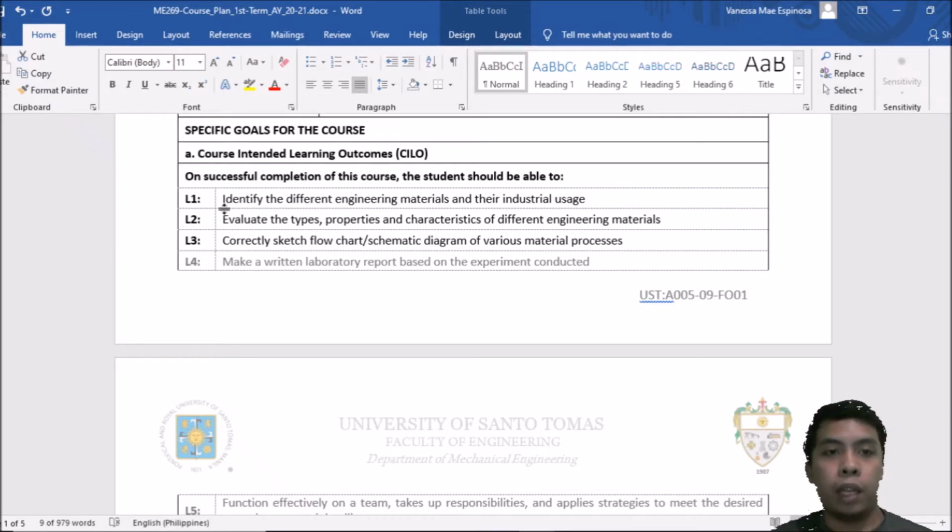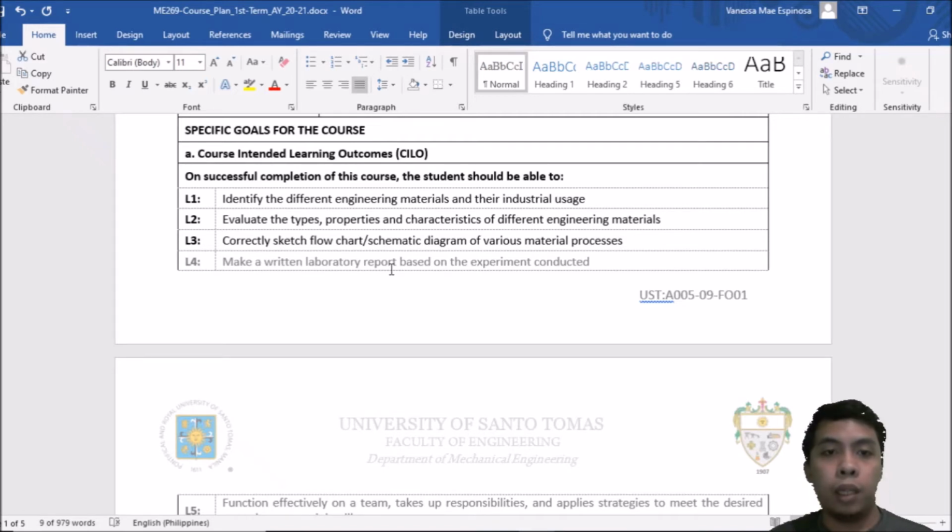First, identify the different engineering materials and industrial usage. Second, evaluate the types, properties, and characteristics of different engineering materials. Third, correctly sketch flowchart and schematic diagrams of various material processes.